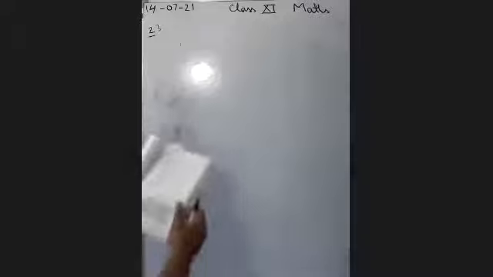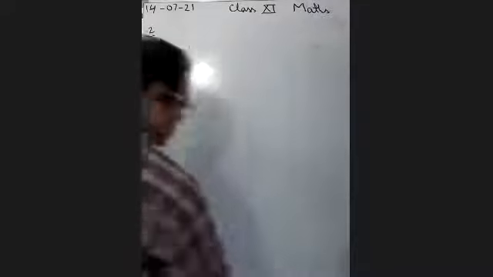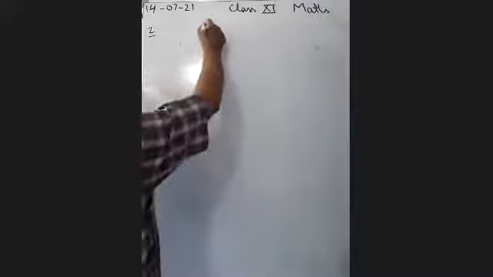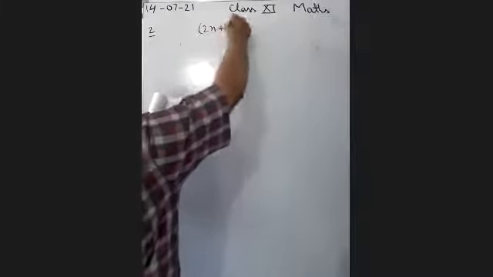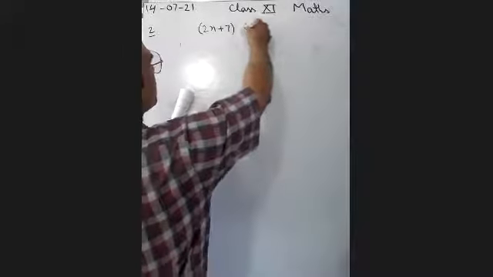So my 24th question. In the 24th question, we have to prove 2n plus 7 is less than n plus 3 whole square.